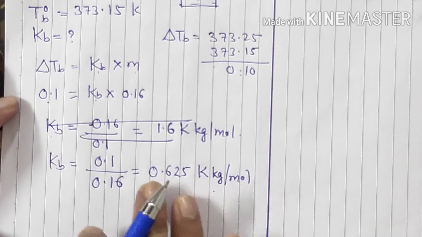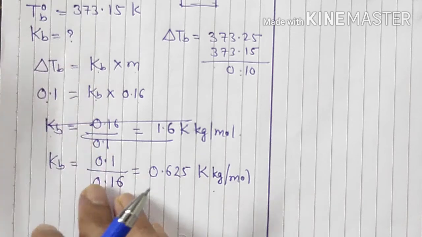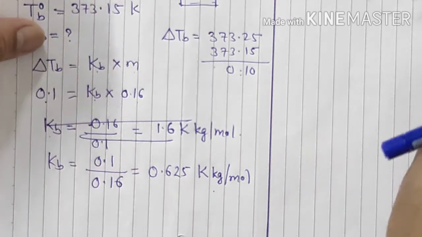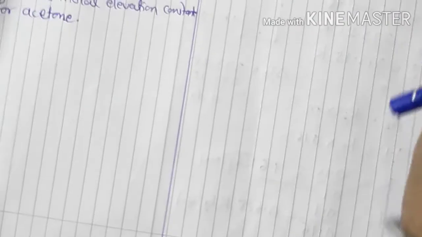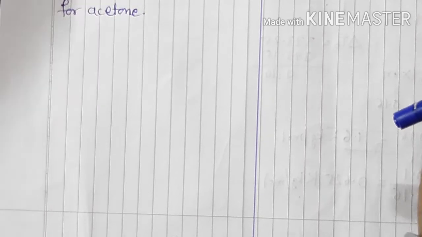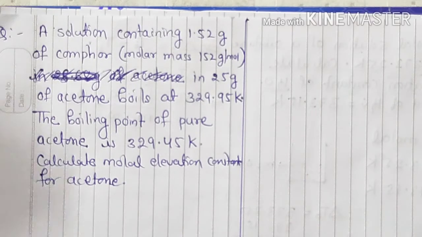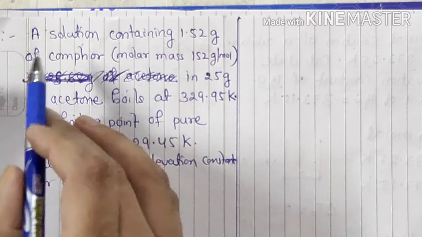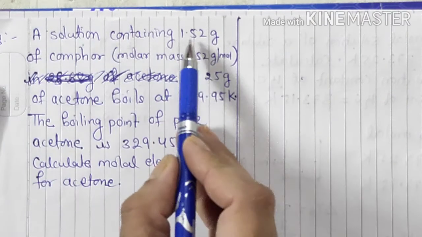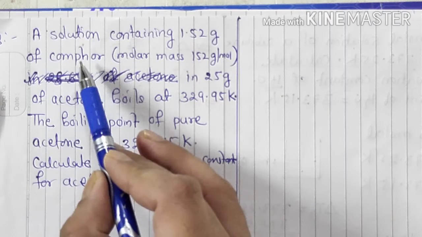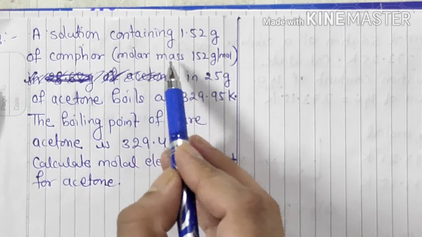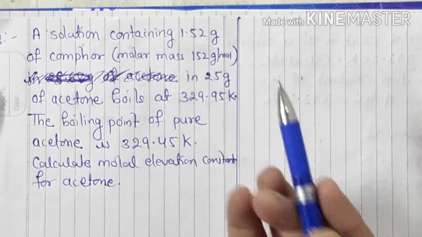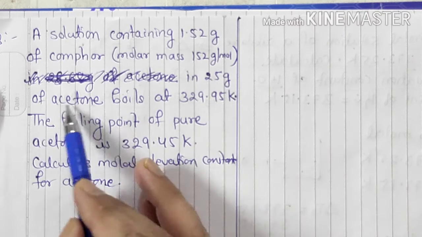Okay, student, clear? Now moving to the next question. I have written the question. Let's see, now is it visible? Yes. A solution containing 1.52 gram of camphor, molar mass of camphor is given as 152 gram per mole, in 25 gram of acetone.